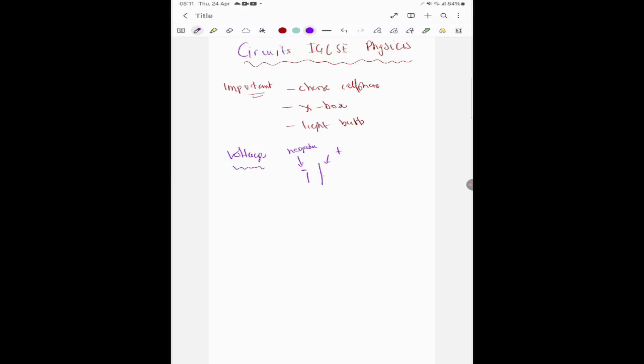As we should know, current flows from the positive side, but in truth, electrons are flowing from the negative side. But we say current is flowing from the positive side. And let's say I have two resistors in my circuit like that.